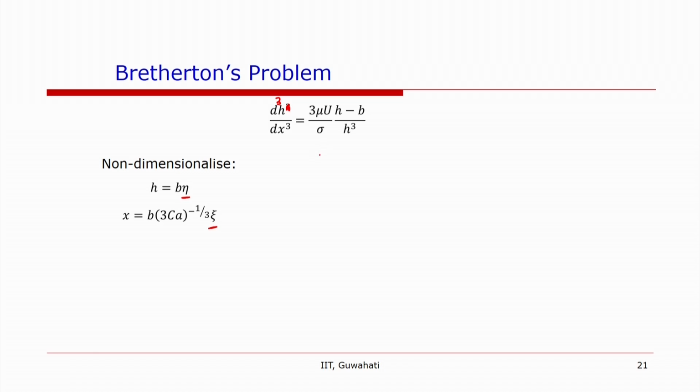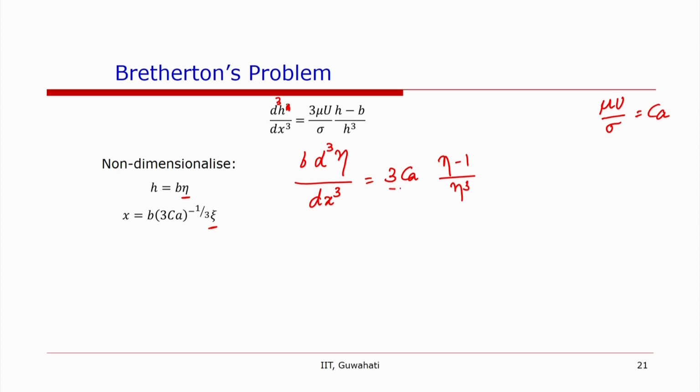We will get d cube eta b over dx cube is equal to 3 mu u over sigma, which is the capillary number. So you have 3 Ca into h minus b. So we can write this as eta minus 1 over eta cube, and here you will have b squared.